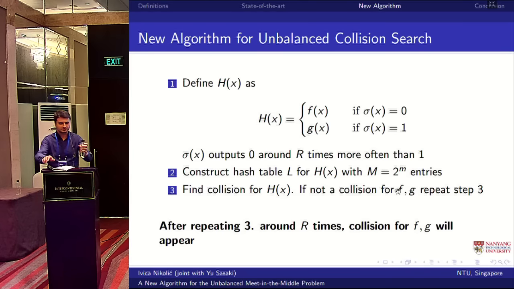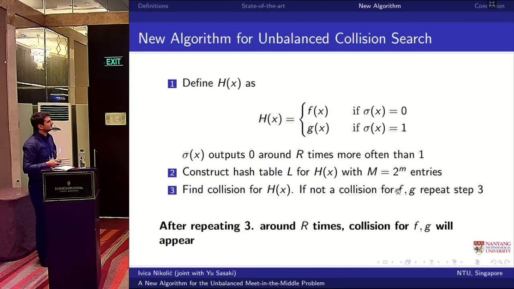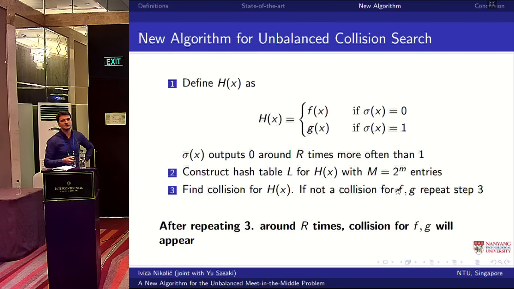We define the function h as an unbalanced interleaving between f and g, where sigma outputs r times more 0 than 1. So basically, h of x equals f of x r times more frequently than g of x. Then for this function h of x, we construct a hash table according to the van Oorschot-Wiener algorithm with this much memory.